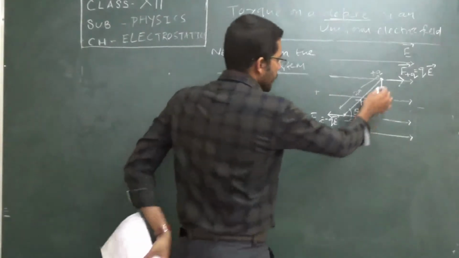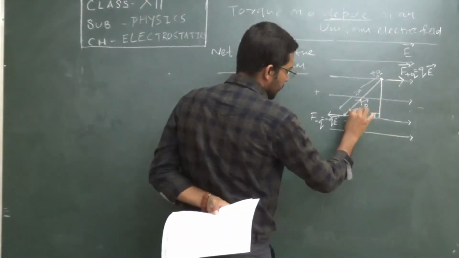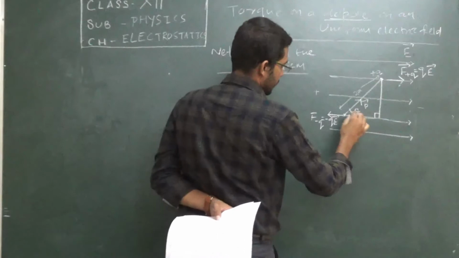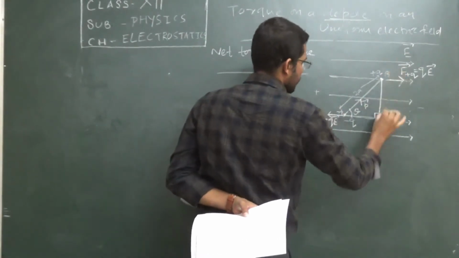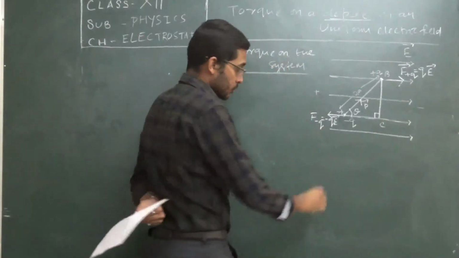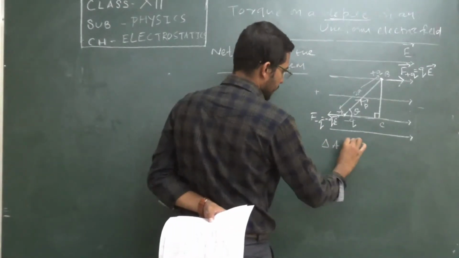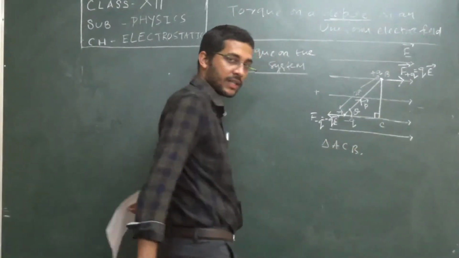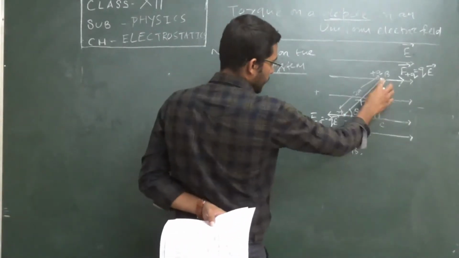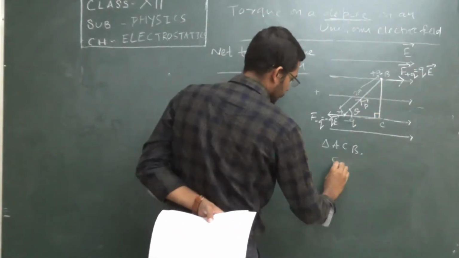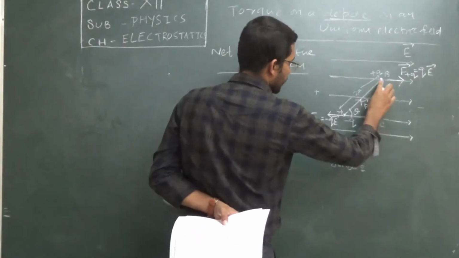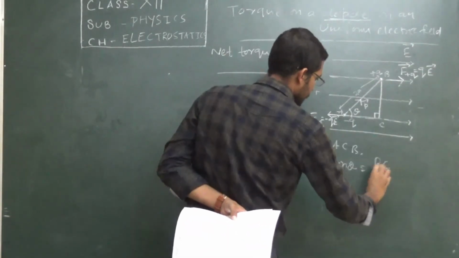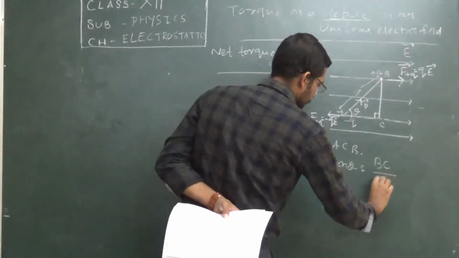So see, here this is theta. To find this, let us name the points A, B and C. In triangle ACB, as it is a right angle triangle and we want the perpendicular, we can take sin theta, which is equal to perpendicular upon hypotenuse, so BC upon AB.